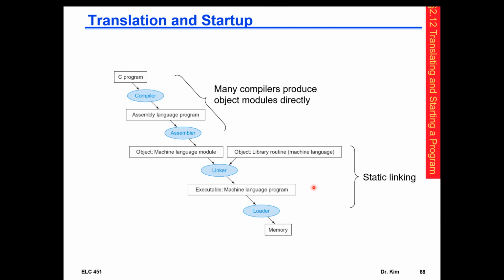So here's another one: the idea of how programs end up in memory to be executed. Let's say you have a C program, and you're going to compile it, which could give you an intermediate assembly language program, and then the assembler converts it into object code, which is the machine language of ones and zeros, the binary.